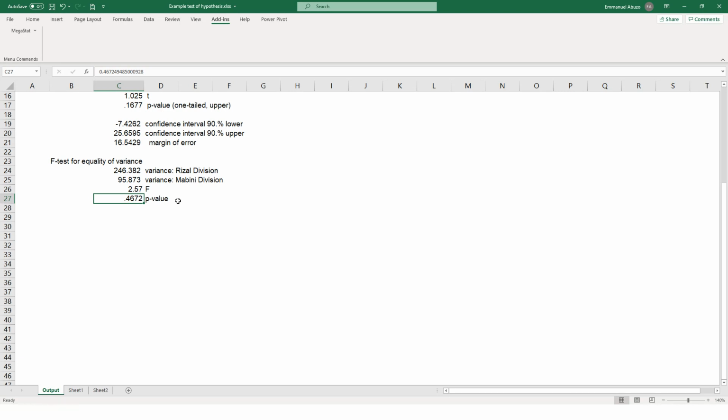If the p-value is less than the alpha level, then we are going to reject the null hypothesis. In this case, we are not going to do the rigorous manual computation, but rather we are just going to input the data and let Excel do its work. So this is how we are going to use MegaStat.